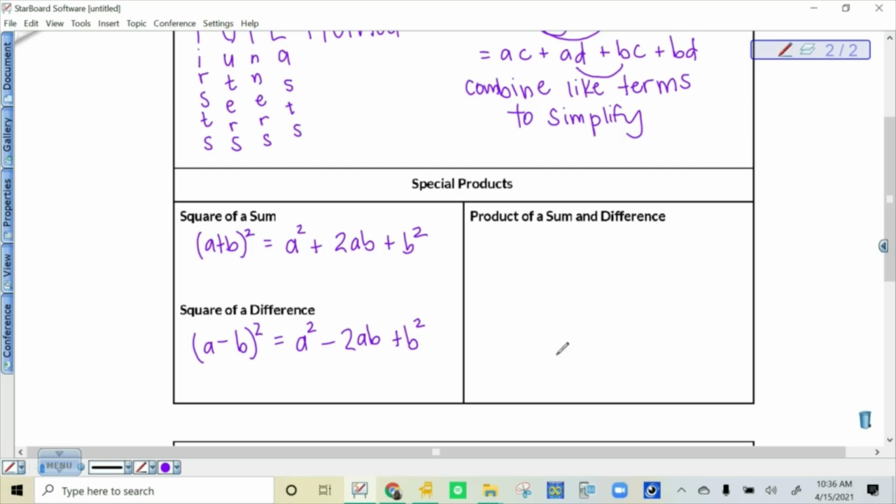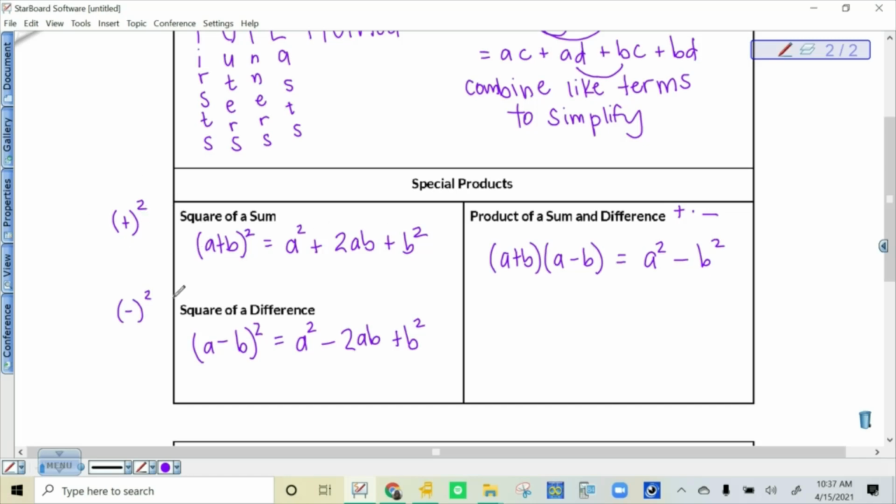And then the product of a sum and difference is going to be a plus b times a minus b, which equals a squared minus b squared.